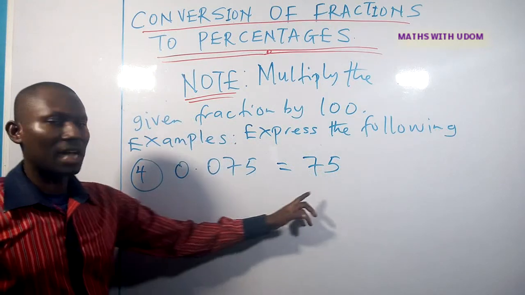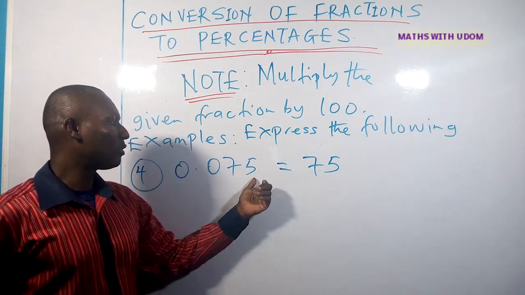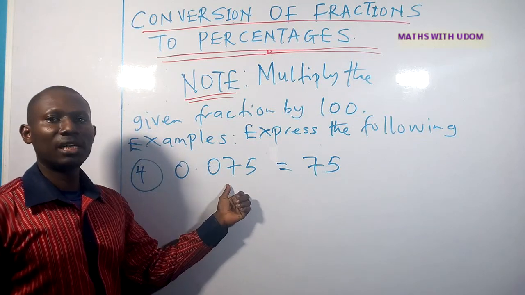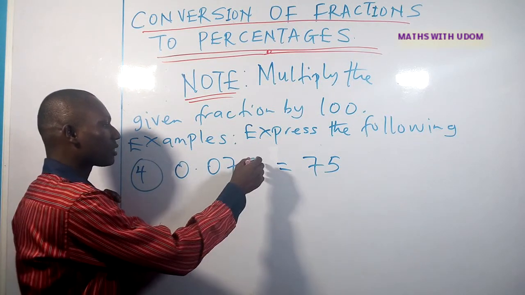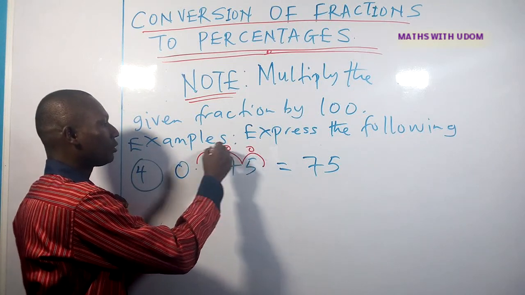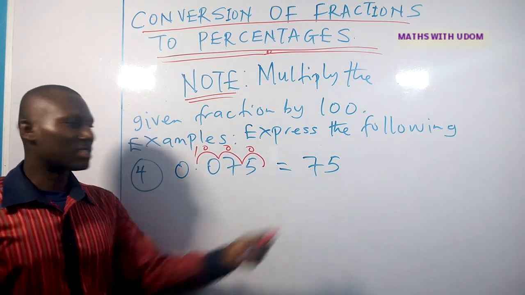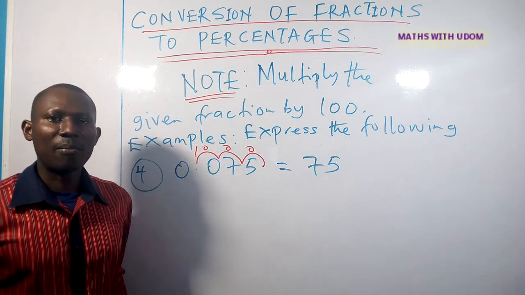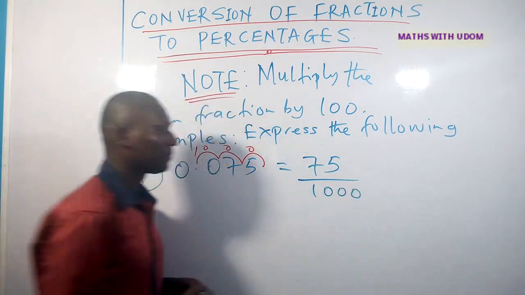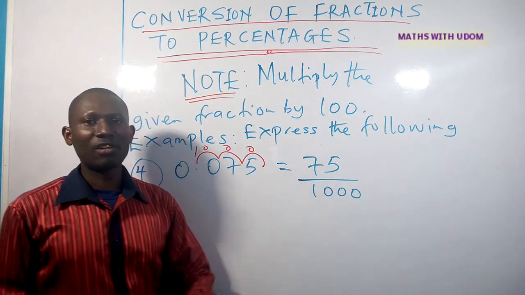Then to get our denominator, we move from the front of 5 backwards, following the arrow. That will give us 1, 2, 3. So we divide 75 by what? By 1,000. So we have 75 divided by 1,000.